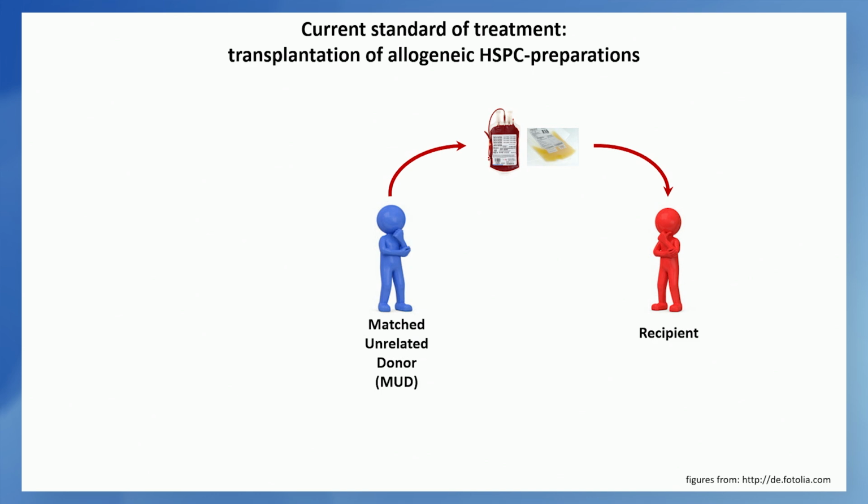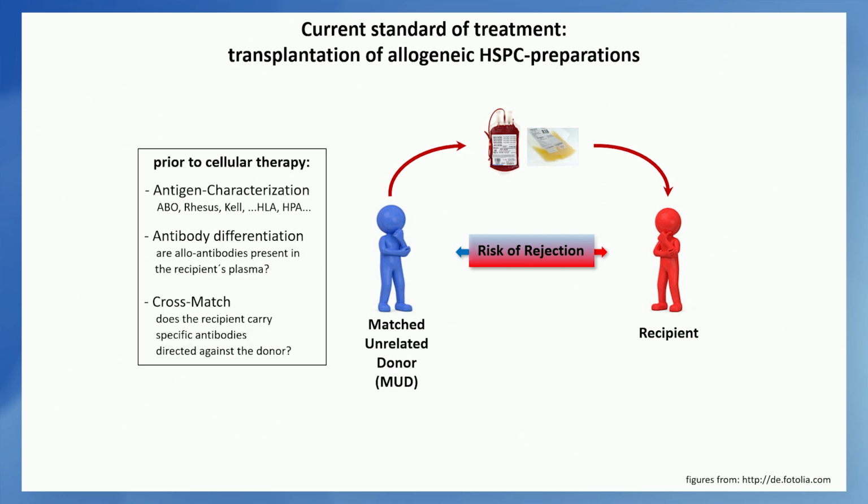So our current standard, when doing stem cell transplantation, is using allogeneic hematopoietic stem and progenitor cells. With that transplant you also transfer the immune system of a foreign donor, allogeneic meaning in contrast to autologous, that you have a foreign, unrelated donor who is matched. You have the problem of rejection reactions because of the immune system recognizing the recipient or the donor as being foreign.